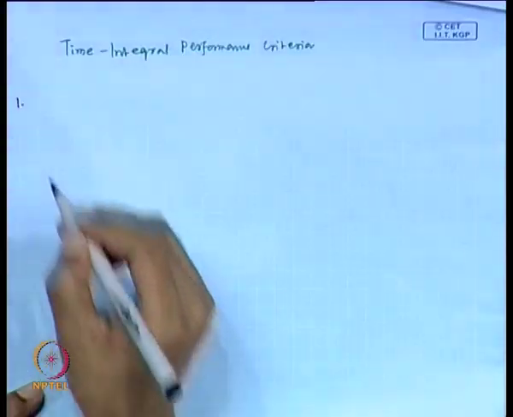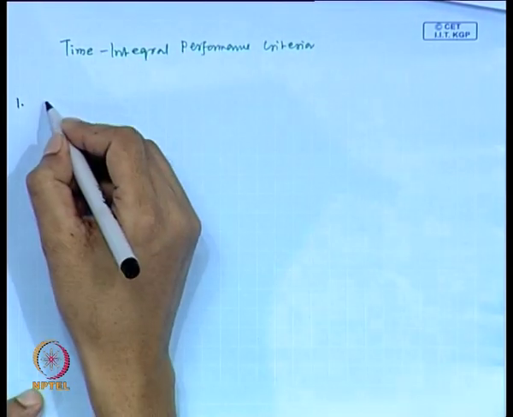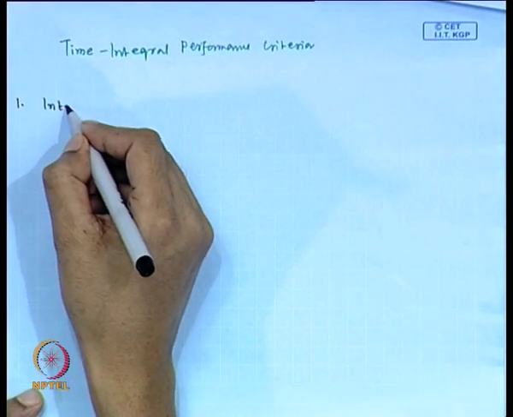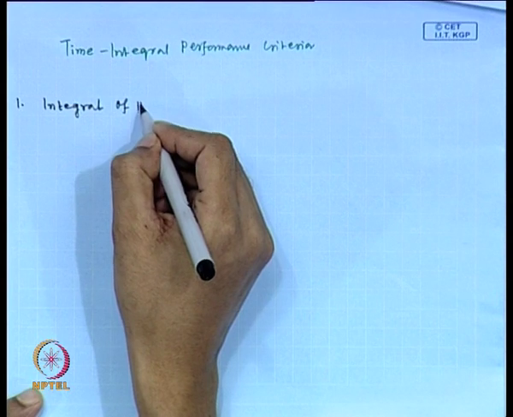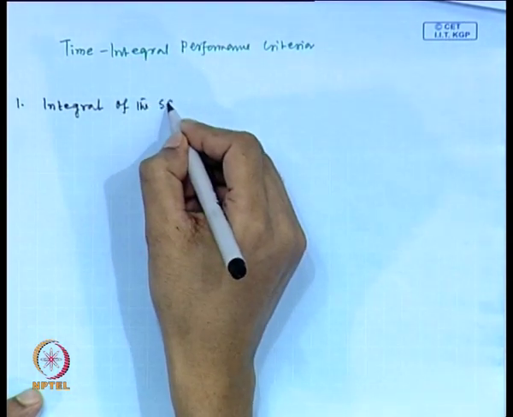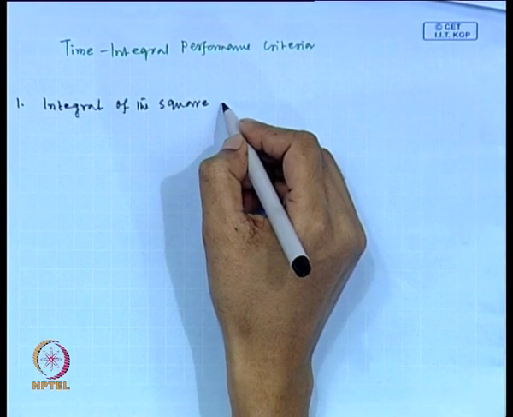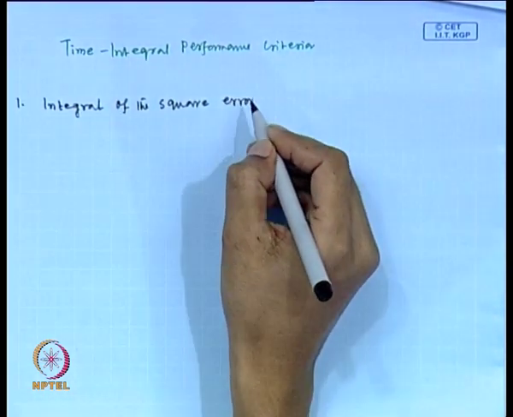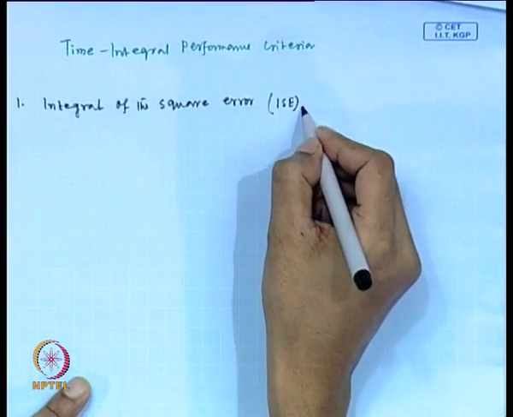Now, there are different time integral performance criteria. One is integral of the square error, ISE.